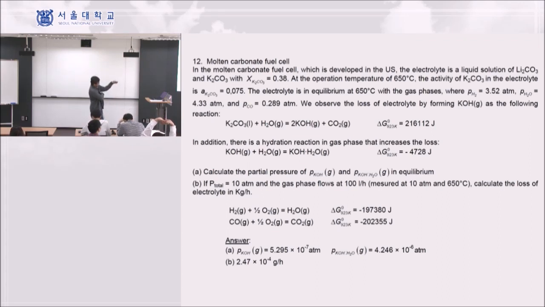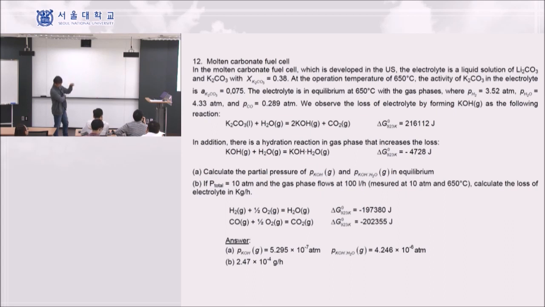During this chemical reaction, a certain gas forms by the reaction between the molten carbonate and the gas phase, and that gas is KOH. This is the chemical reaction happening between the molten carbonate and the H2O gas, which produces KOH. There is also an additional chemical reaction between the gas phases which produces KOH, H2O.